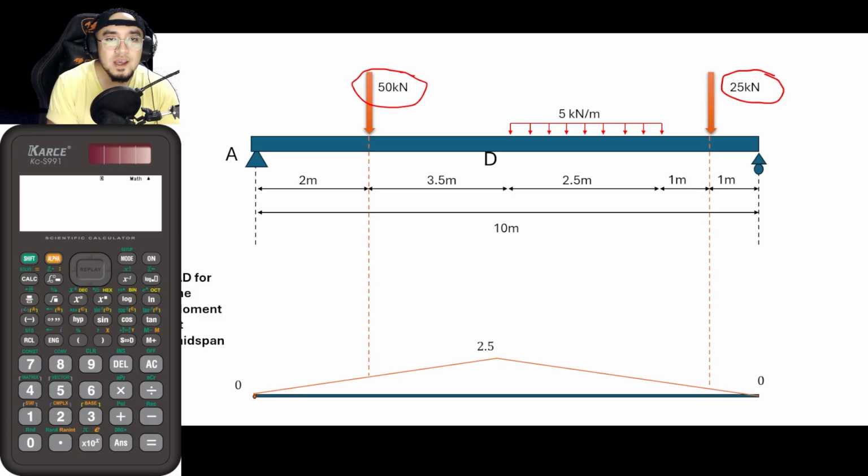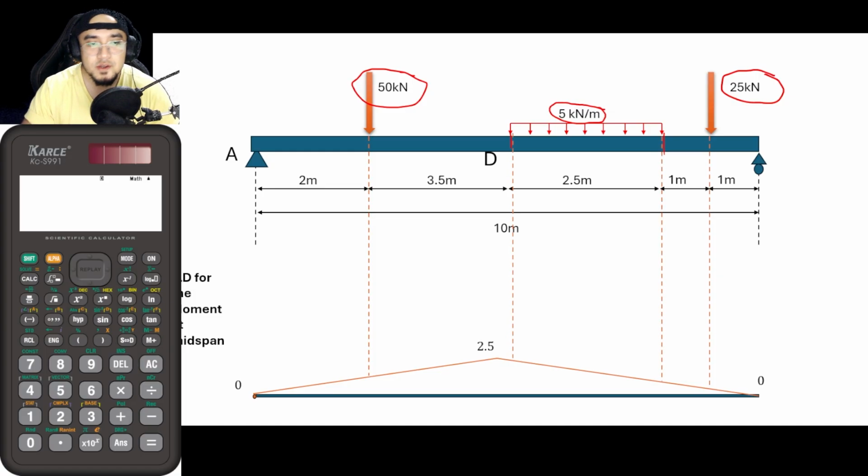Then as you can see here, I have a uniformly distributed load, so I will be projecting both ends downwards. Okay? So after doing so, what we would be doing here is for us to get what this value is in reference with this graph. So what the value of this one is in reference once again to this projection, and so on.